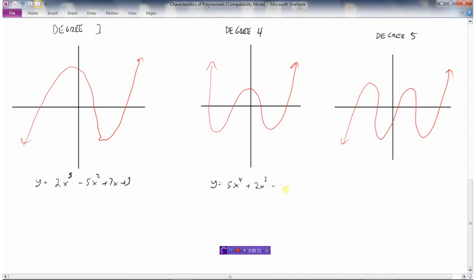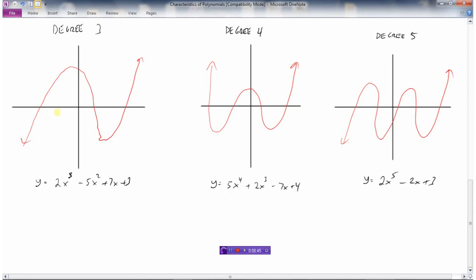Maybe there's 0x squared, but there's minus 7x plus 4. And a degree 5 would need an exponent of 5 as its highest power. And maybe there's a bunch of other stuff in here too. There's an example of a degree 5 equation. Again, these equations here will not necessarily match with the graphs I've drawn, but this would be an example of an equation that's degree 4.